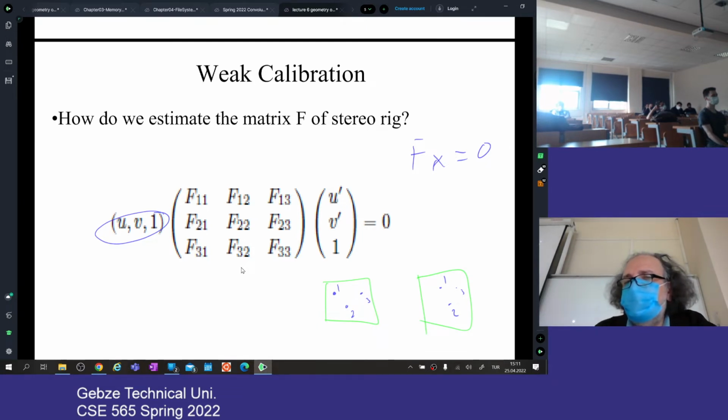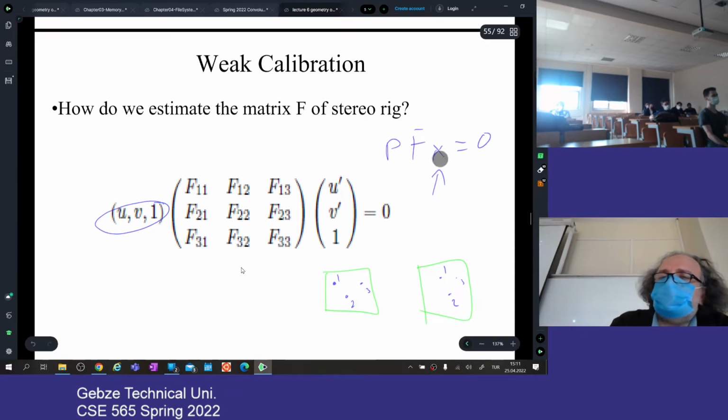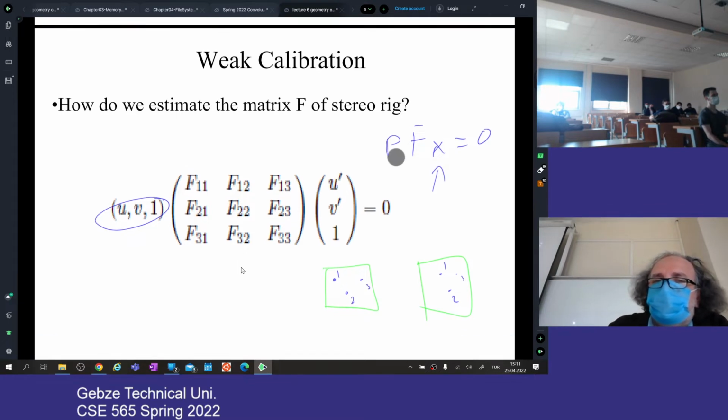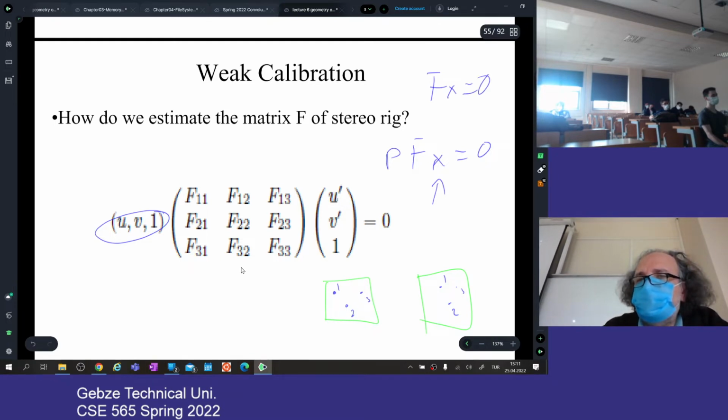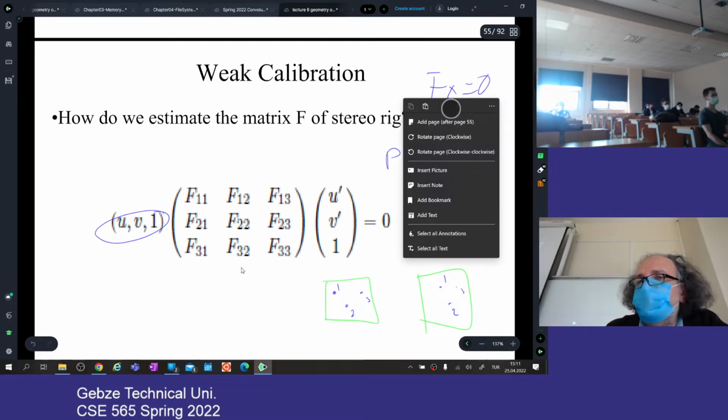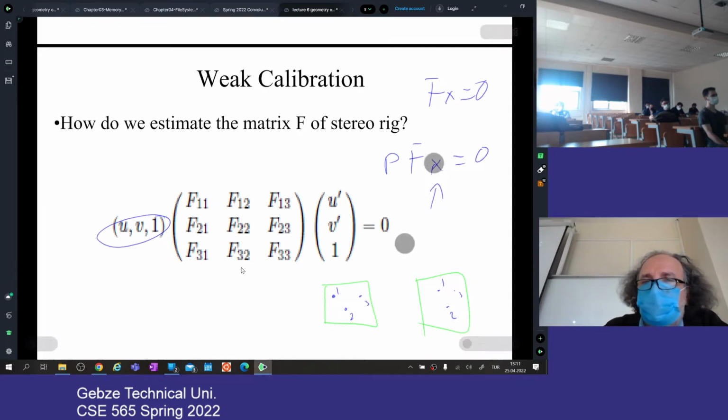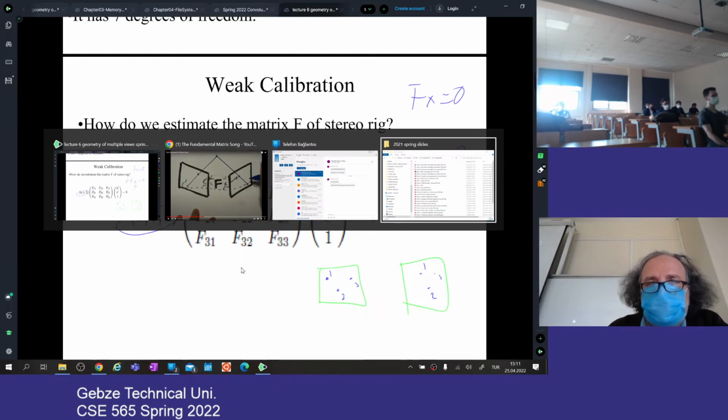Because it doesn't matter, if you can satisfy this equation for x, doesn't matter what p is, because I can already satisfy this Fx equal to 0. That means x can be a corresponding point for any p on the other side, right? So if you solve this one, Fx equals 0, this x is going to be your epipole for one of the images. That's what it says in this case.